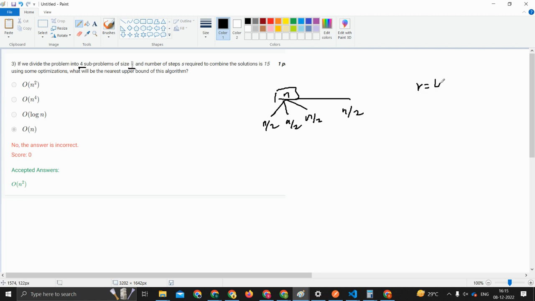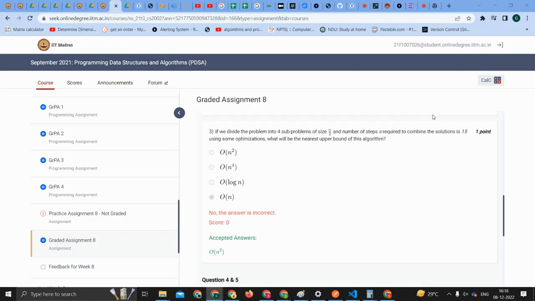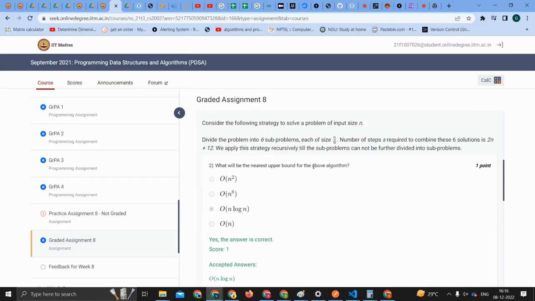So R is 4, your C is 2. It's not recursive, is it? It doesn't say that. In the previous question, it was mentioned that the subproblems are recursively breaking down until we reach a point.